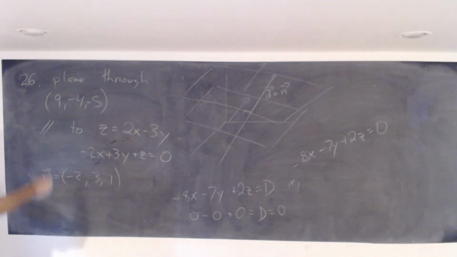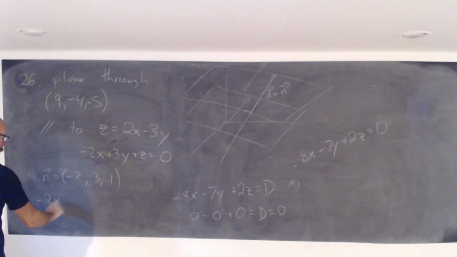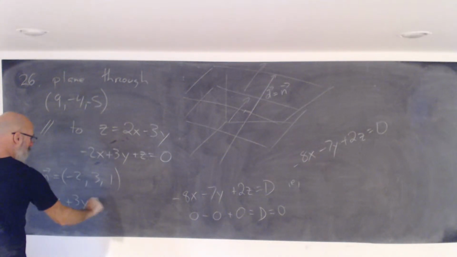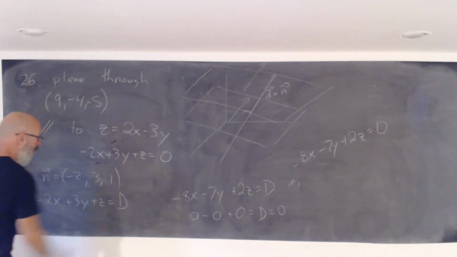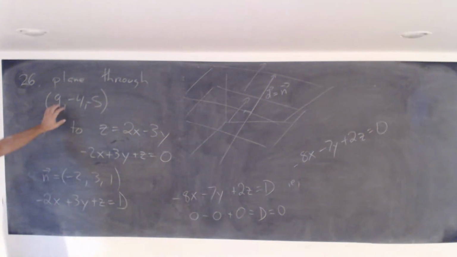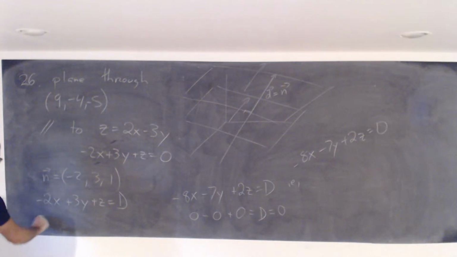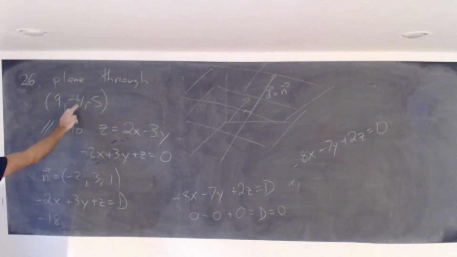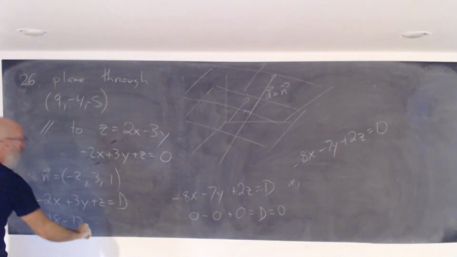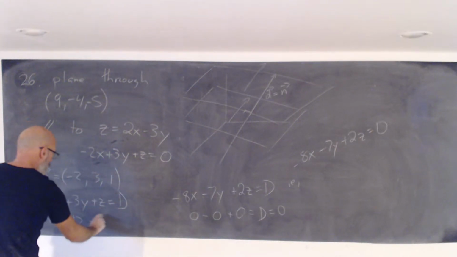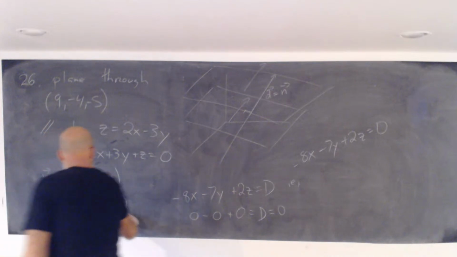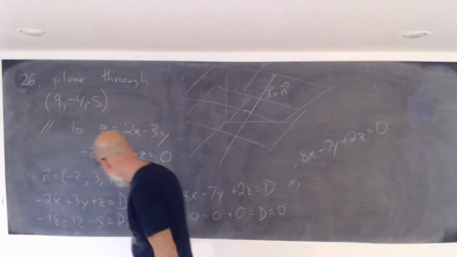So the equation of our plane is minus 2x plus 3y plus z is equal to d. All we need to do is make sure that this point lies on the plane. That is minus 18, minus 12, minus 5, so minus 35.